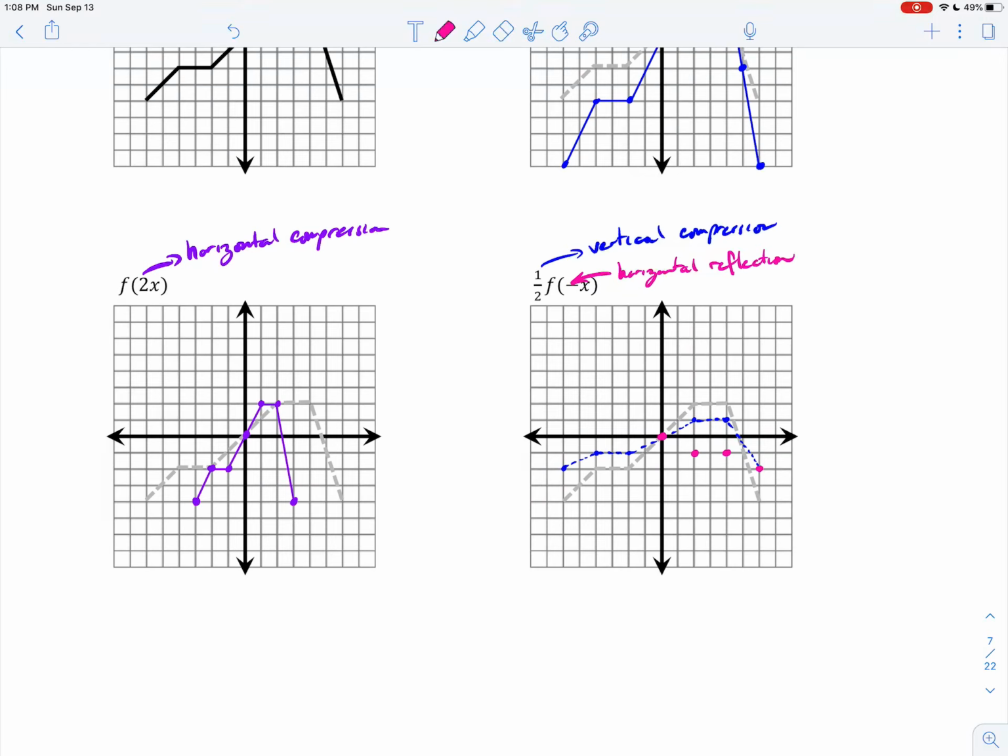There we go. And then when I connect the dots here, because this is my final answer, that can be a solid line.